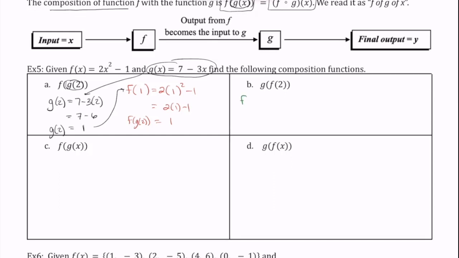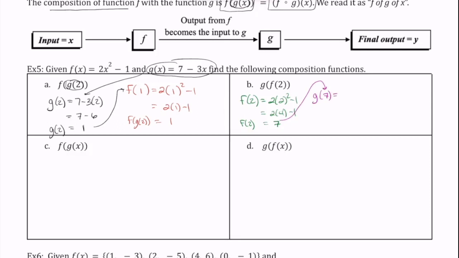I'm going to find f of 2, so this is 2 times 2 squared minus 1, which is equal to 2 times 4 minus 1, which is equal to 8 minus 1, which is 7. So f of 2 is 7. Then I'm going to take the 7 and use g of 7. That's going to be the new x I use.